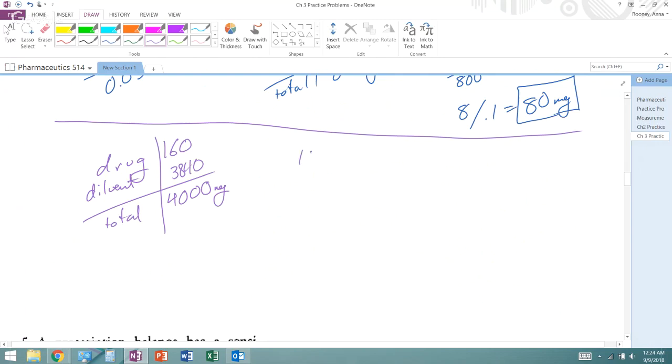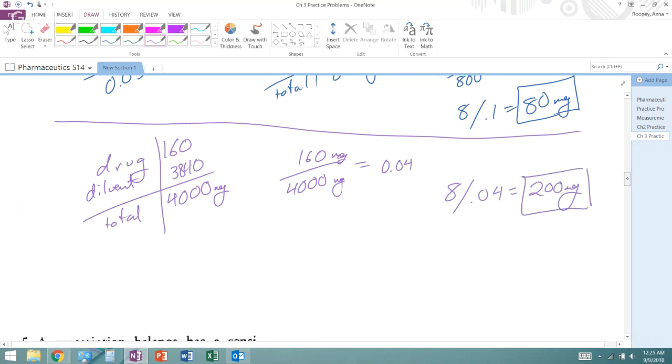And so it's 160 divided by 4,000 milligrams. And so their strength is 0.04. And then that is 8 divided by 0.04. They have to weigh out 200 milligrams to get their same active ingredient.